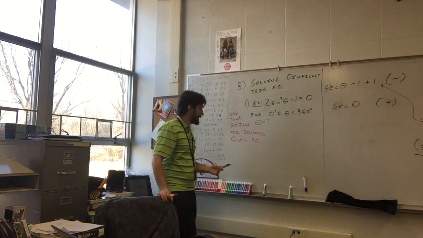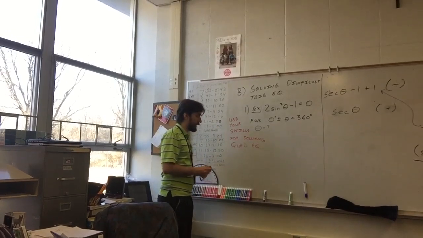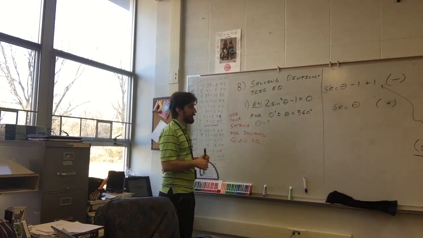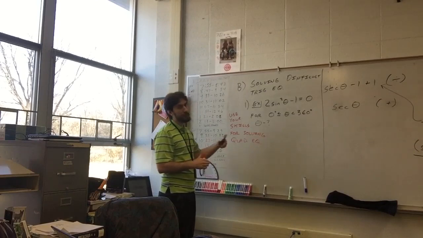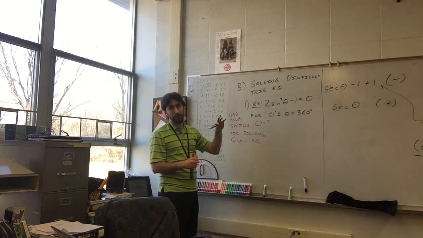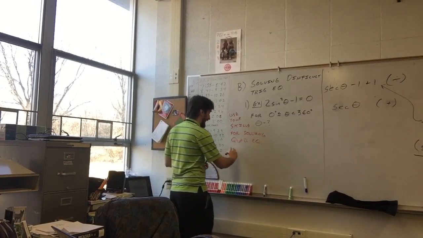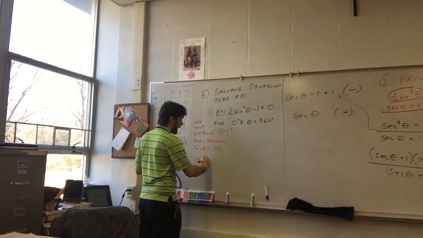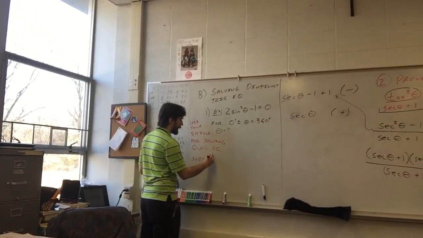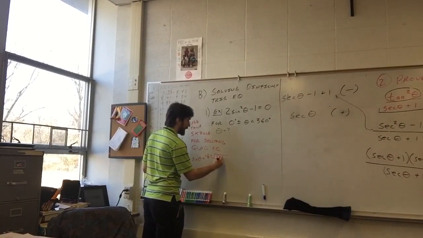The only thing is, if you're using the quadratic formula, then it's not going to be x is equal to negative b plus or minus the square root of b squared minus 4ac. It's going to be sine or cosine of whatever of x is equal to negative b plus or minus the square root of b squared minus 4ac all over 2a.